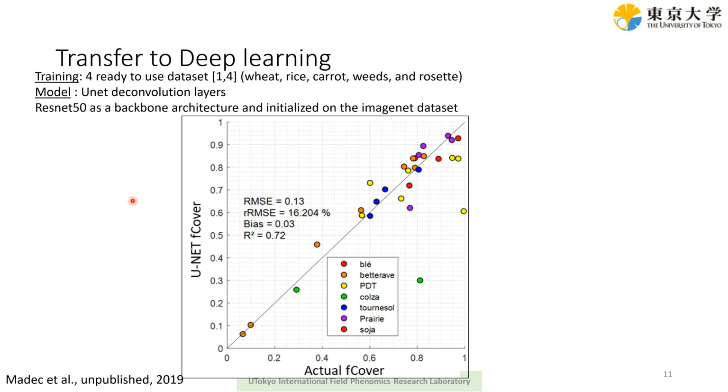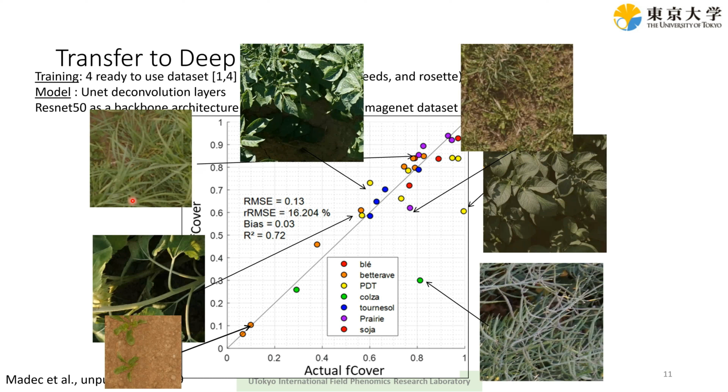As you can see over here, by using an already published data set covering different varieties of crops, Simon trained a deep neural network that can segment the green pixels, which looks very promising for handling all the different kinds of cases over here.